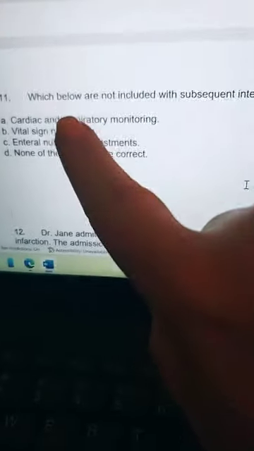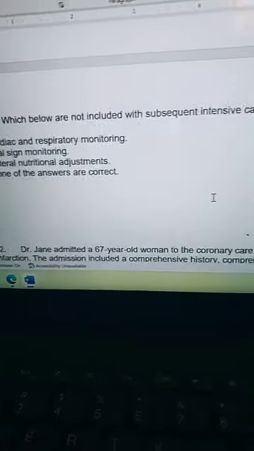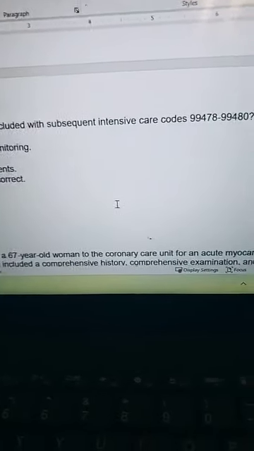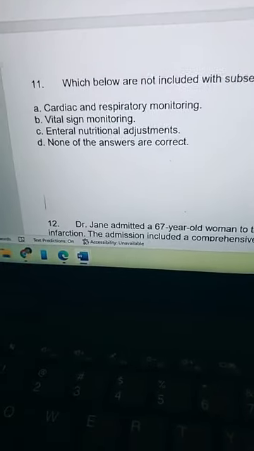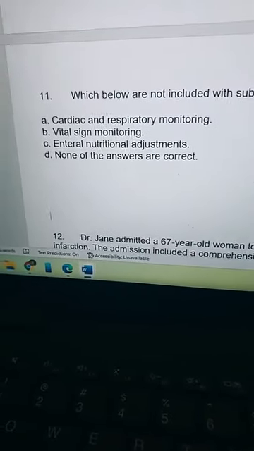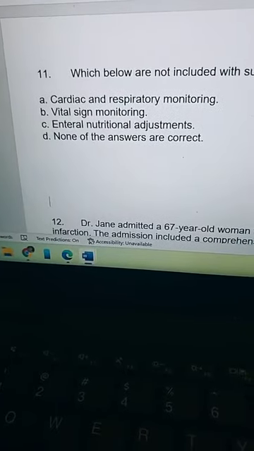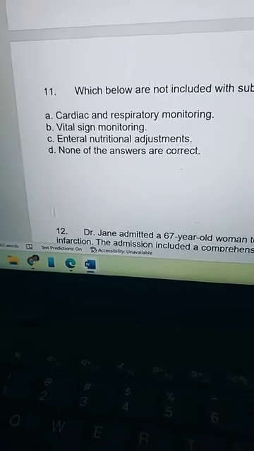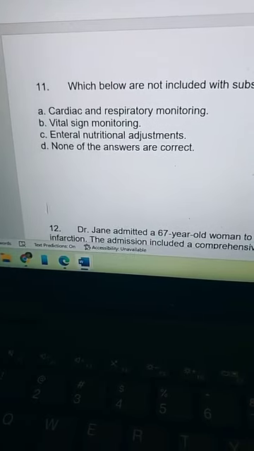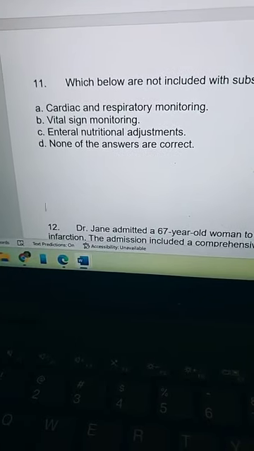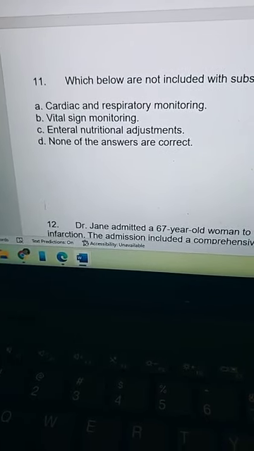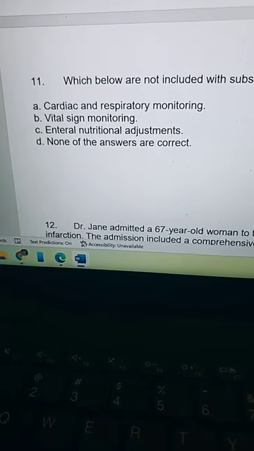So based off what I just said, which service is not included? That one says intensive care, but I'm assuming it's sort of the same thing as critical care. Close enough for government work for this question anyway. But what about this one?